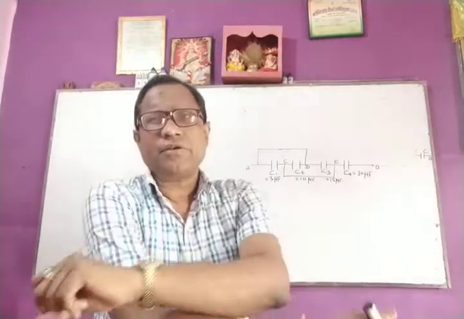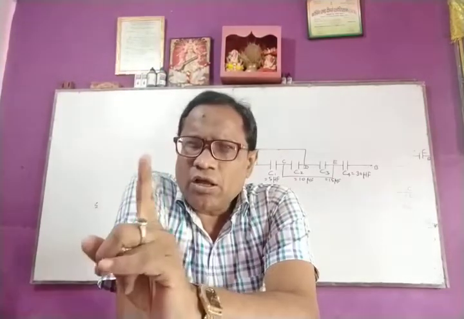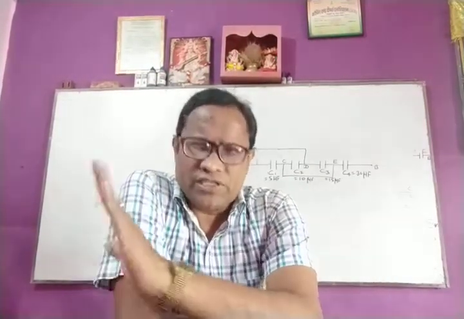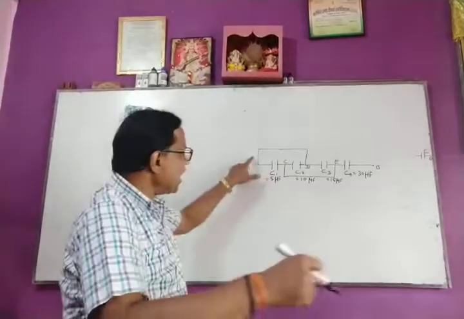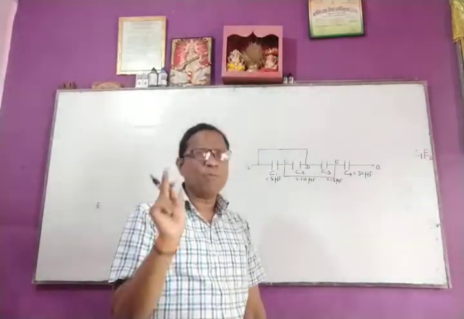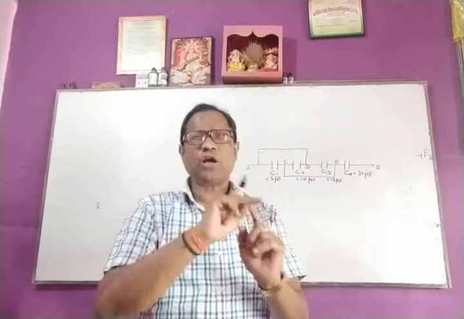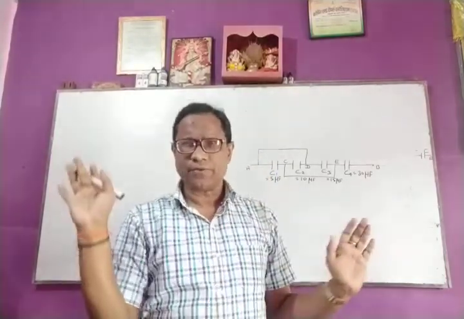We know that according to sharing of charges, the charge will flow from one part to another part till both attain the same potential. So A and D both are at the same potential, so no charge will flow across A to D.